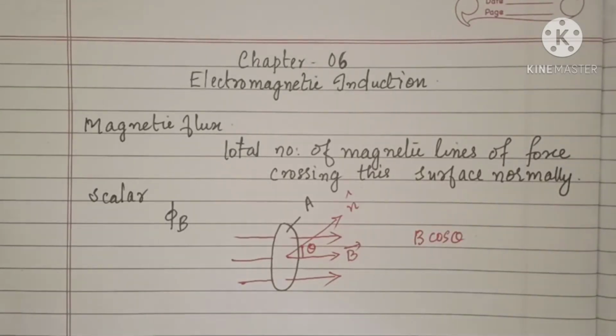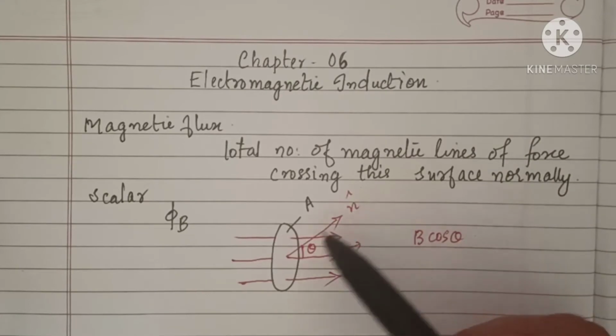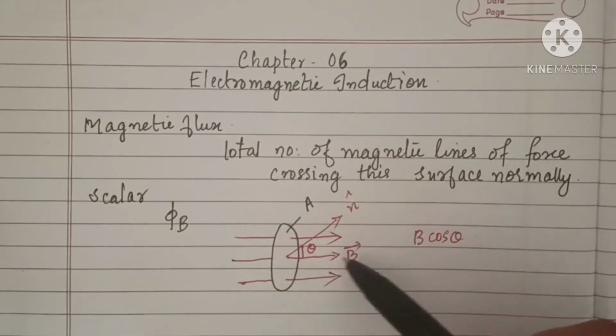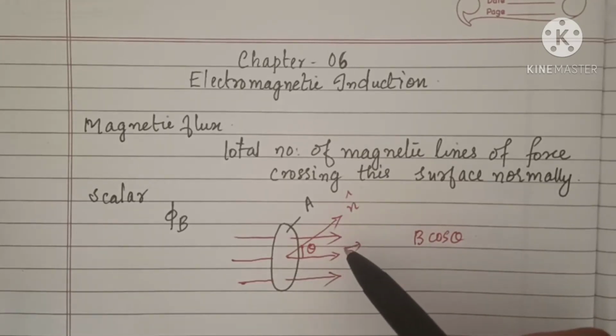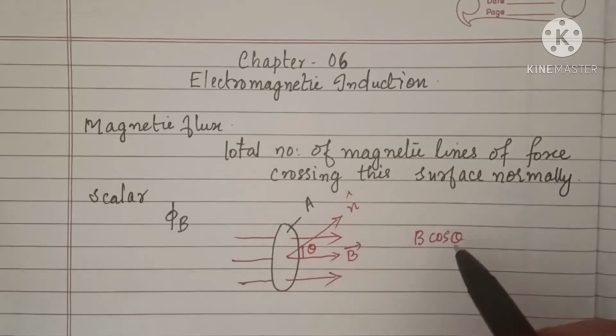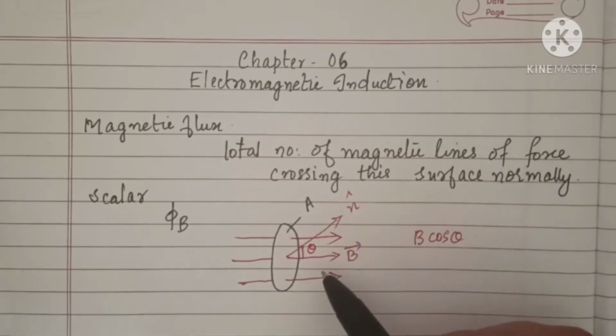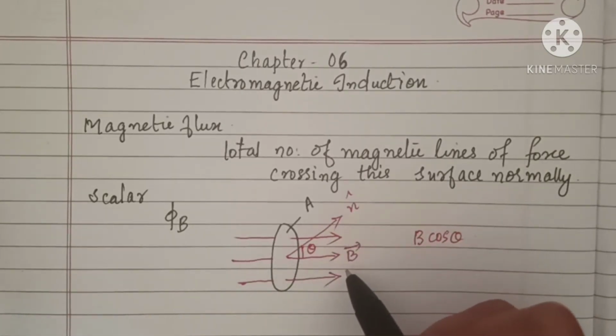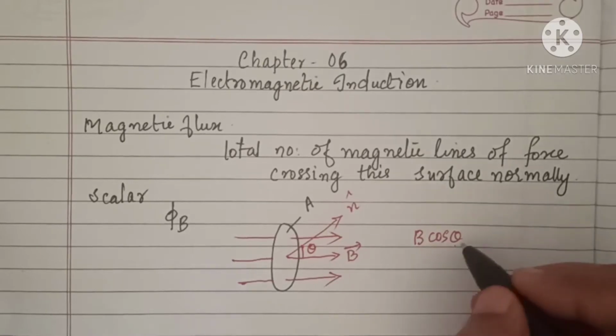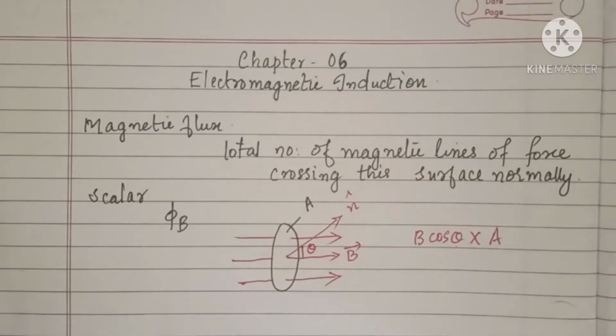As N is the area vector which is perpendicular to the surface, and B makes an angle theta with this N, B will have two components, B cos theta and B sin theta. The component along N is B cos theta, so we will take this B cos theta into that area.